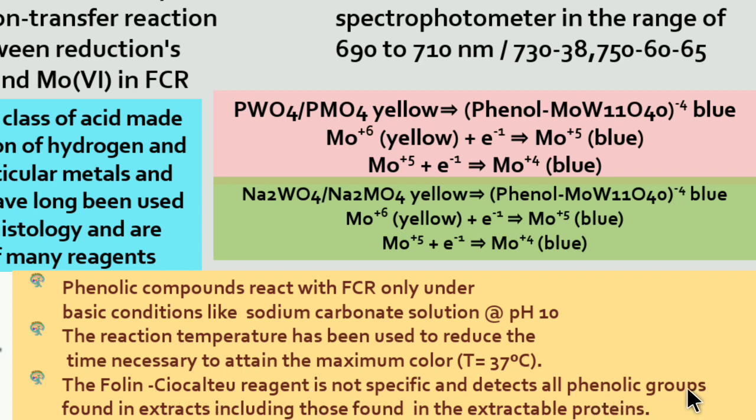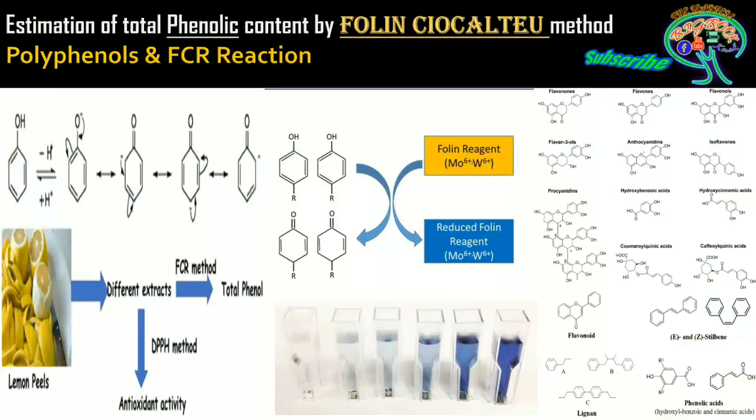Because of this nature, it is giving the interesting result that the phenols, whatever the amount present in the samples, are going to be detectable and estimated. So this is regarding the principle for this estimation of total phenolic content by the Folin-Ciocalteu method.